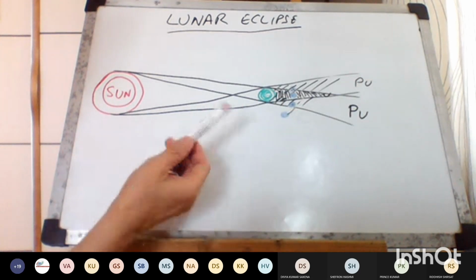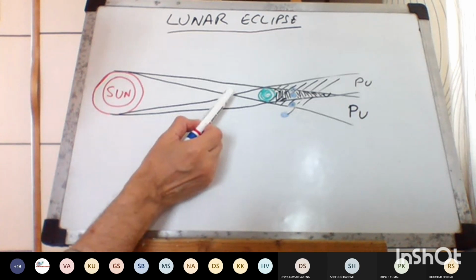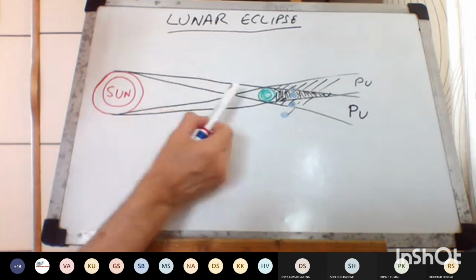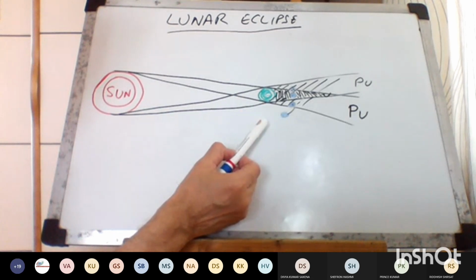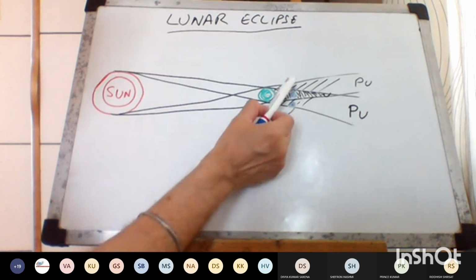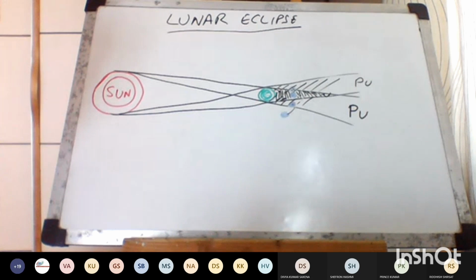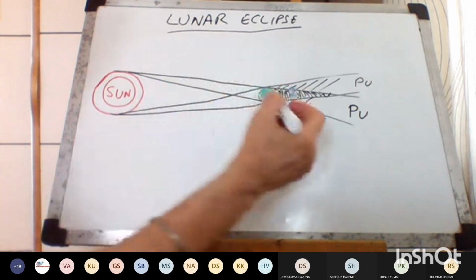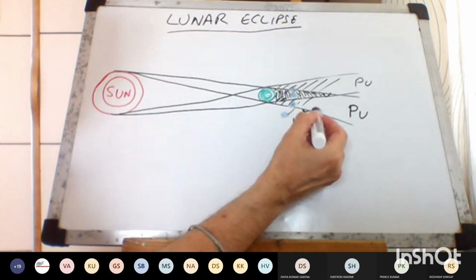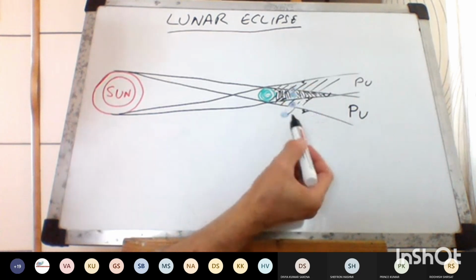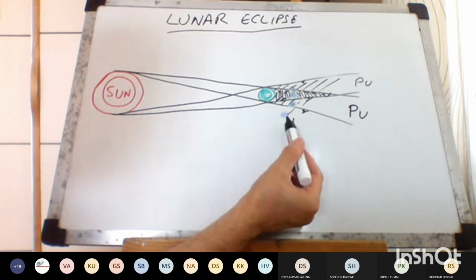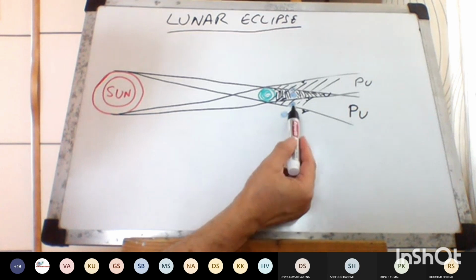Now the moon, in the previous diagram, the moon was here between the earth and the sun. But the moon is also revolving around the earth. So this is the path of the moon. 1, 2, 3, 4. Here the moon is in the open area, and here it is in the penumbra area.